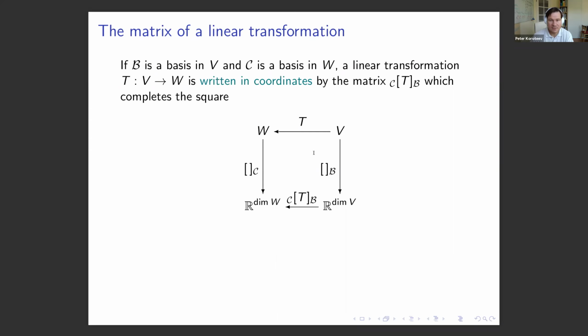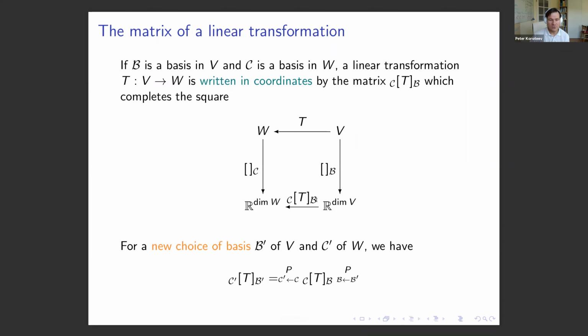There's a map T from V to W, and then there are these maps bracket C and bracket B into the corresponding Euclidean spaces, R to the power of the dimension of W and R to the power of the dimension of V. And this is the change of basis. The matrix of the linear transformation written in terms of those coordinates is called T C B.